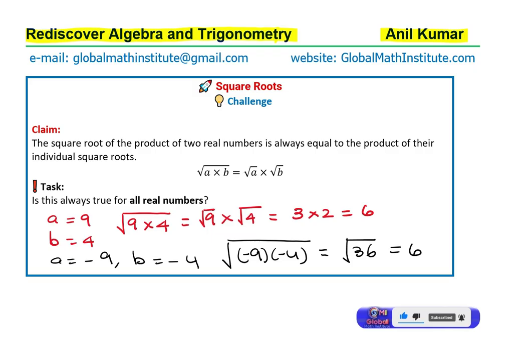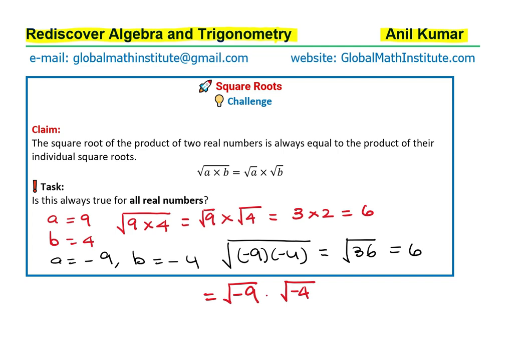However, if we rewrite this as square root of minus 9 times square root of minus 4, then you can see that it doesn't really work.